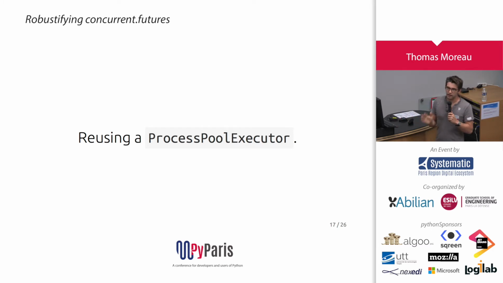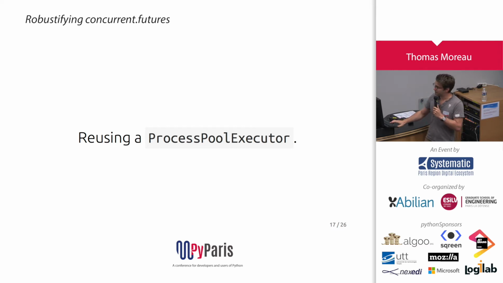The idea behind that is to be able to reuse the process pool executor. There is a big spawning overhead, but you will pay it only once, and once you start it, you will try to reuse the process pool executor as much as possible. So it seems really simple when you think about it. Say, okay, let's just declare one executor and reuse it all the time.